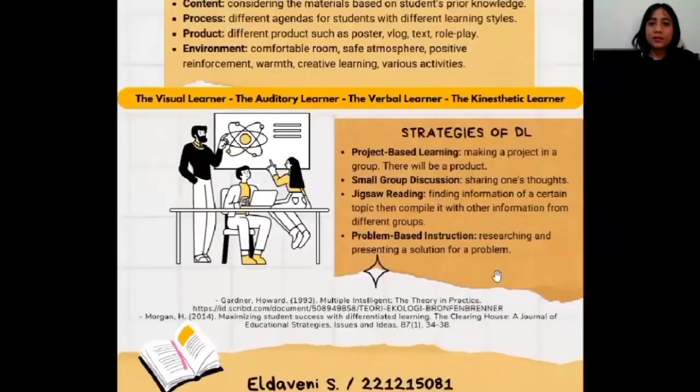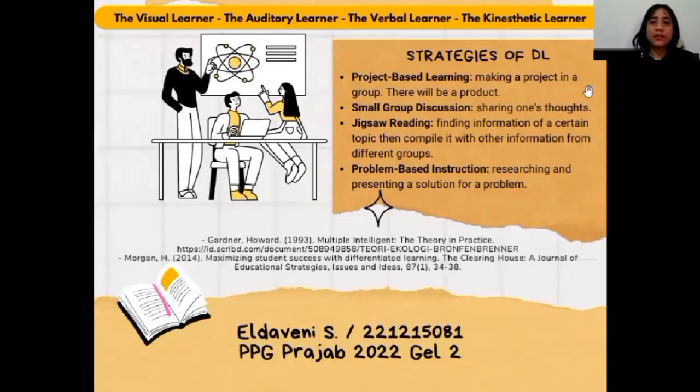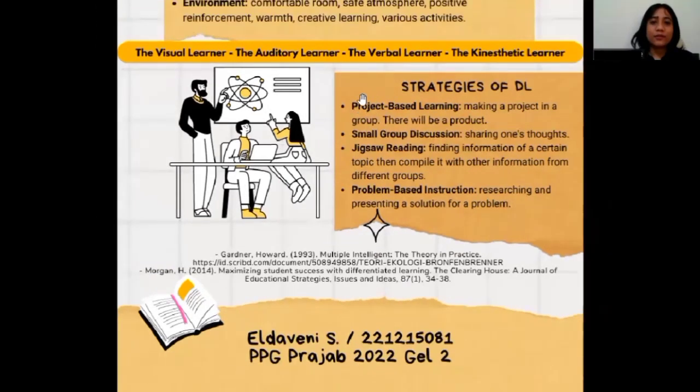The last one, we learn about strategies of differentiated learning. These are some strategies that we can do in differentiated learning. The first one is project-based learning. So the students will make a project.